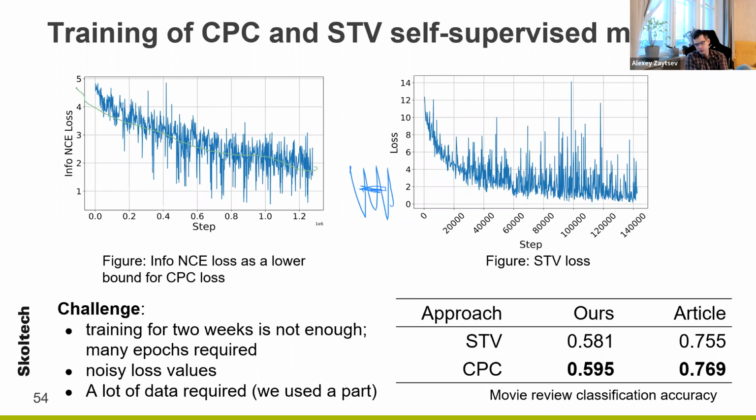For example, with the STB loss we have the same large amount of noise and very small convergence. Maybe we can try to have more objects in our batch. But right now, when we compare the results obtained in our paper to the results in the article, we also tried fewer epochs because of GPU constraints.